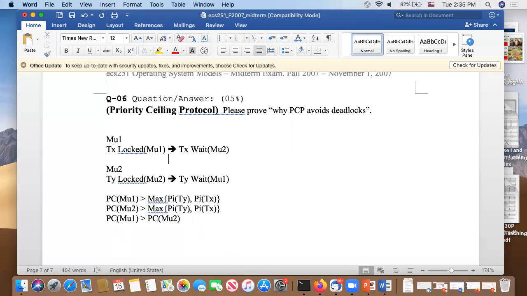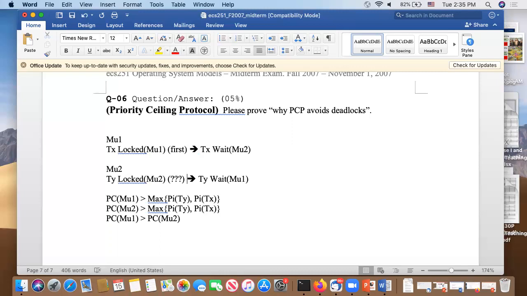If I can lock this one, MU1, assuming this happened first, I argue: can you even lock this one? You probably cannot.